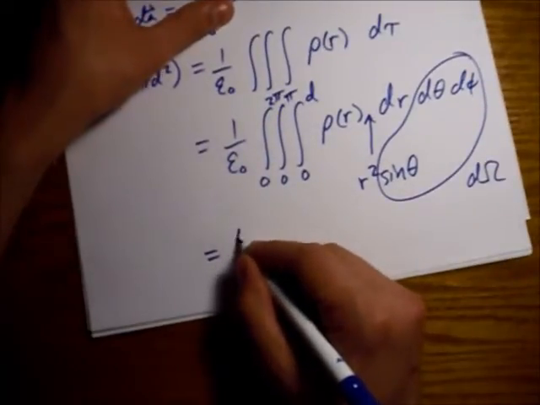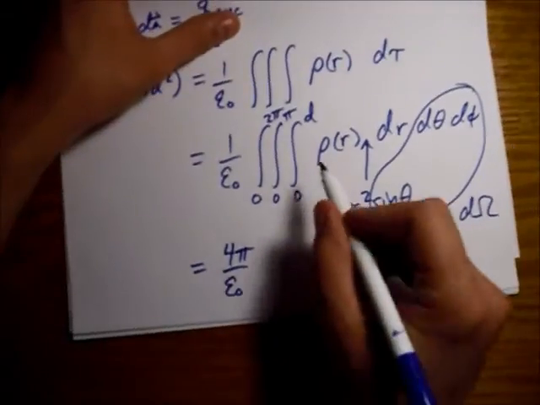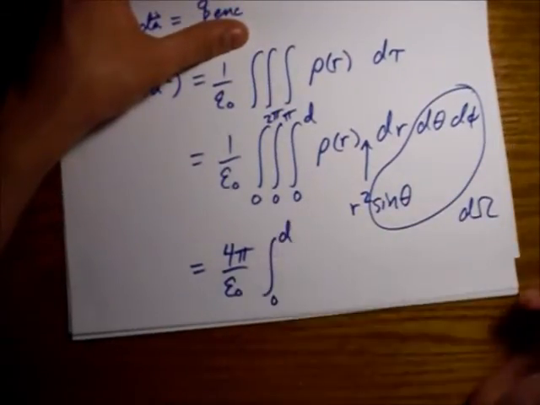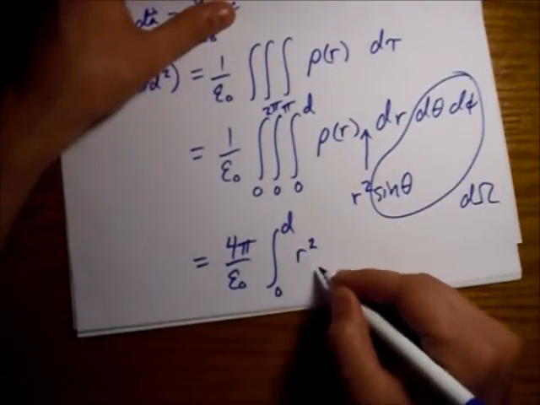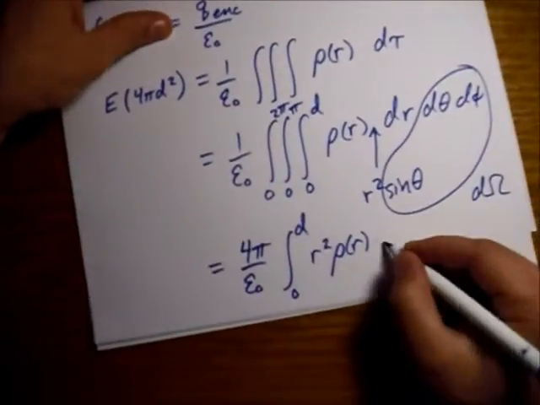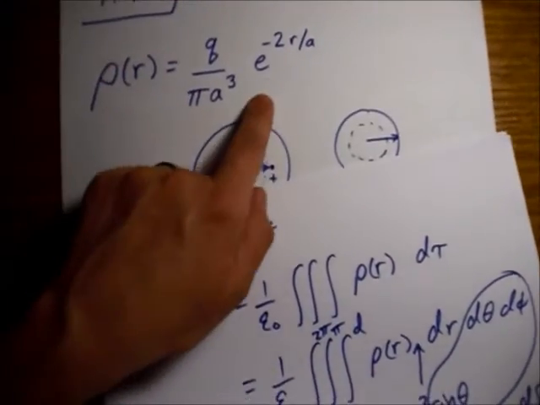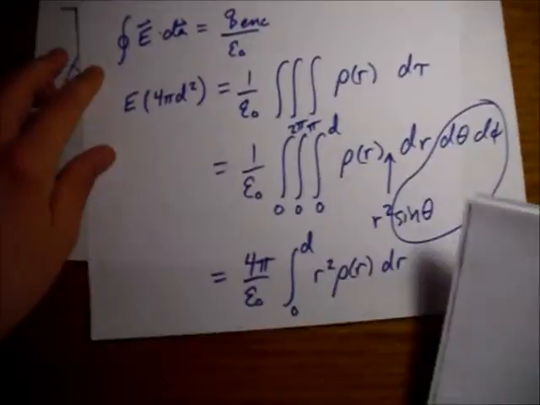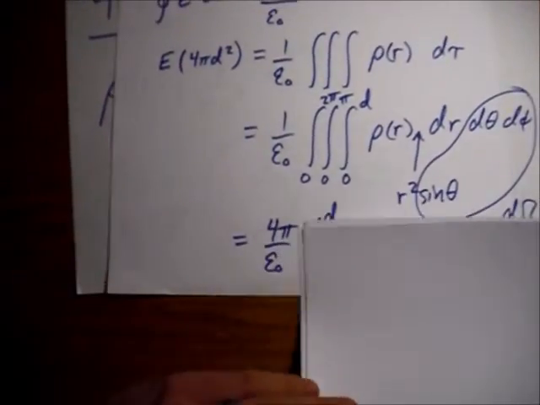So we have 4 pi over epsilon naught, and all that's left is our radial integral. We're going from 0 to d, and we have an r squared, and then this rho of r, which we need to plug in, dr. Our rho of r is right here. Let's go ahead and plug that in.